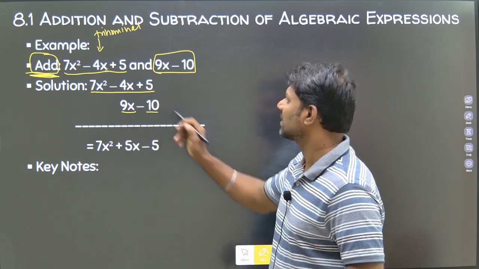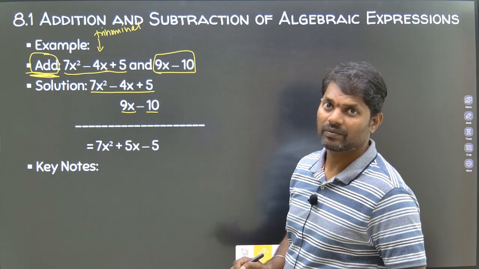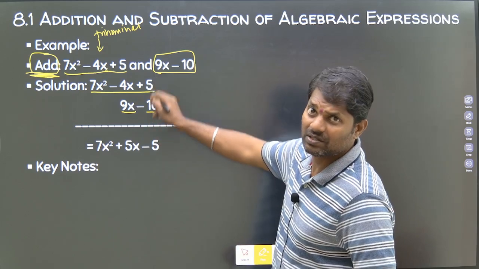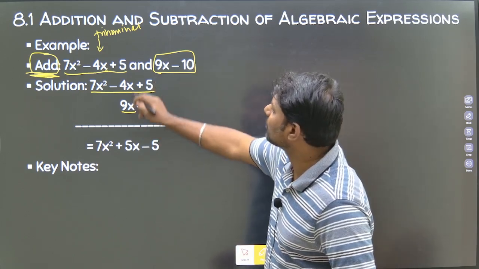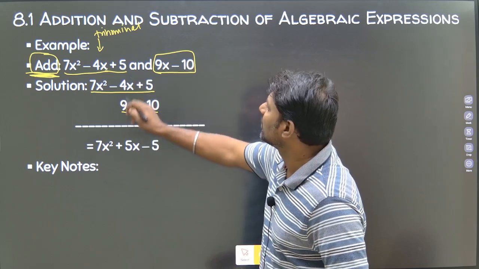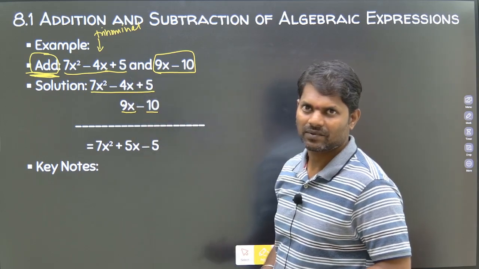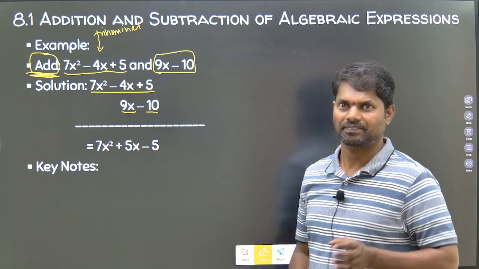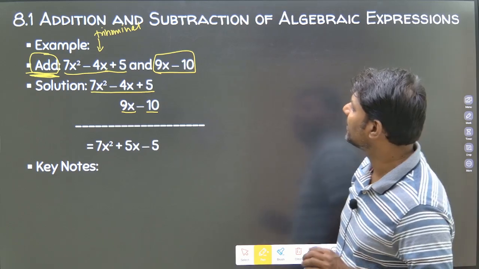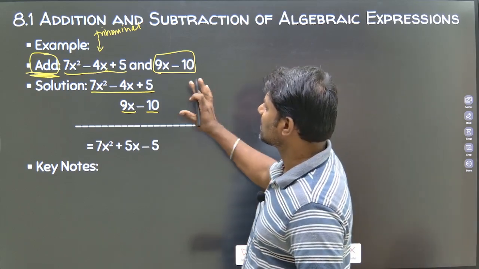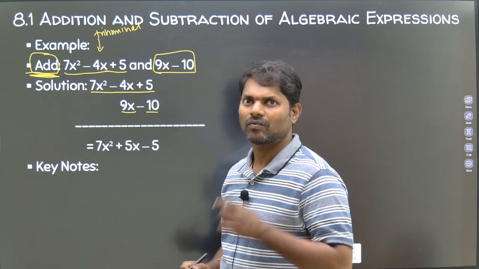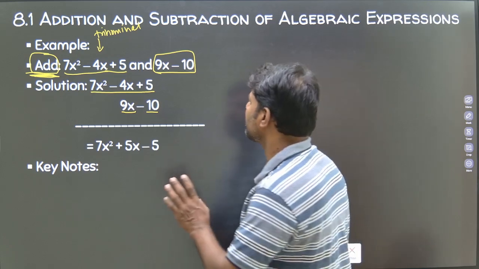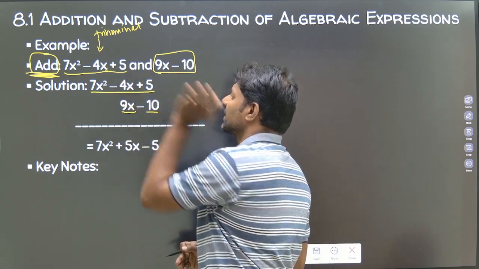Minus 10 is written below 5 because I want to perform addition or subtraction of constants. Here I want to perform addition or subtraction of 4x and 9x. So I want to perform addition of same terms. Okay. So this is one thing you have to remember while performing mathematical operations. So you have to write similar terms together.